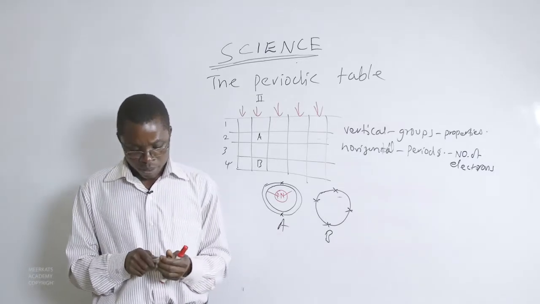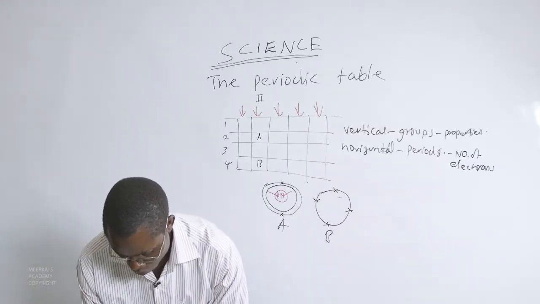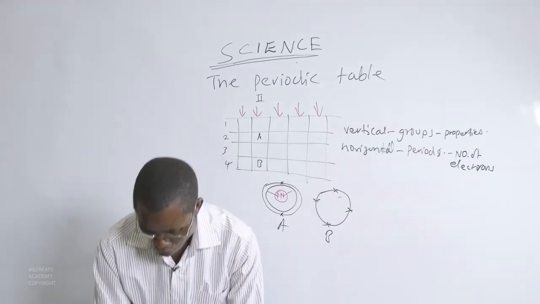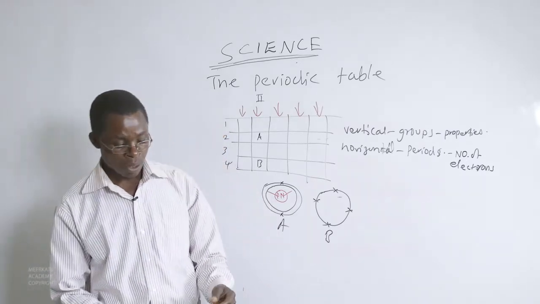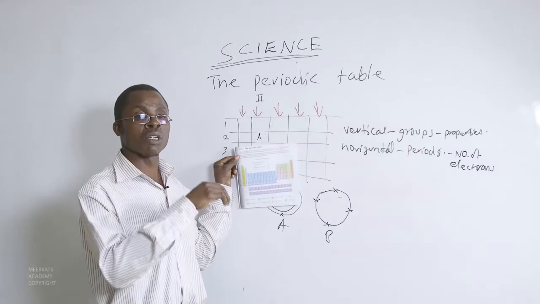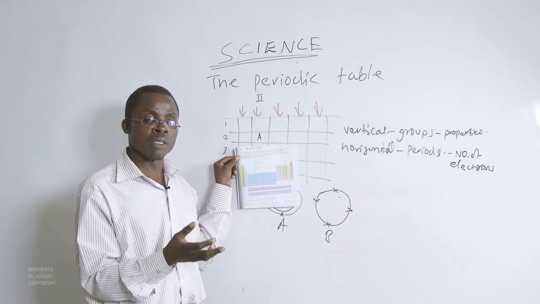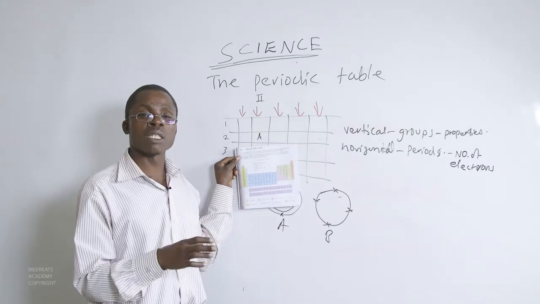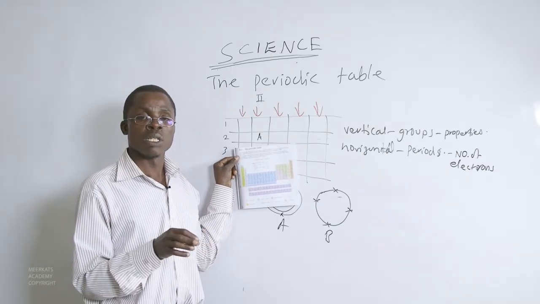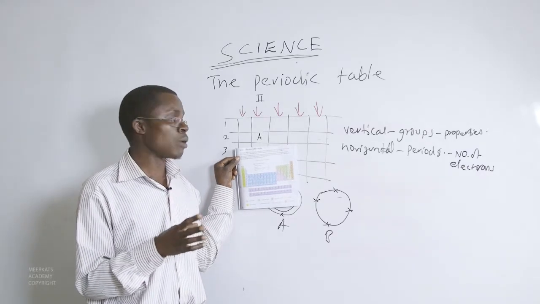Now, I have here a copy of the periodic table, a full periodic table, which comes after all the work starting from what Mendeleev did up to what is being done today, because so much work in science is always going on. Things are being improved on day in, day out.